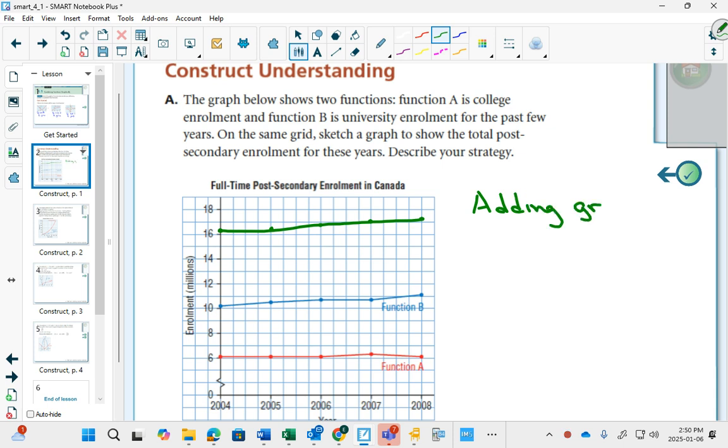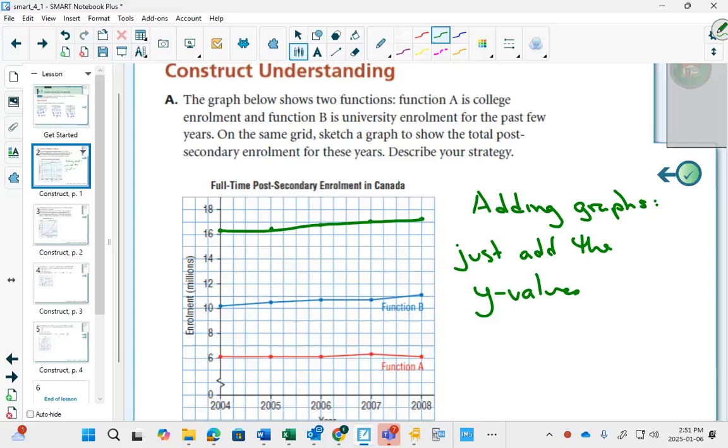And for adding graphs, we just add the y values. And it's not that crazy. And we're going to find that this pattern happens with all kinds of math with graphs.